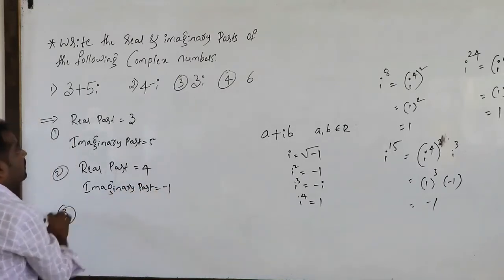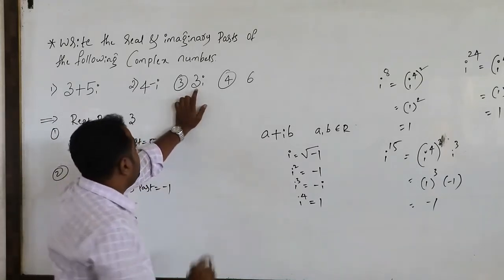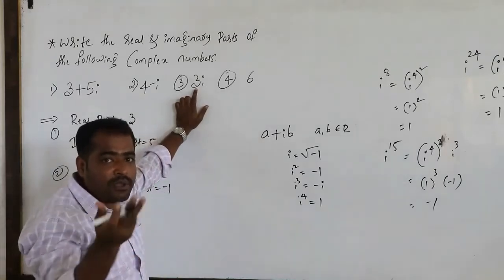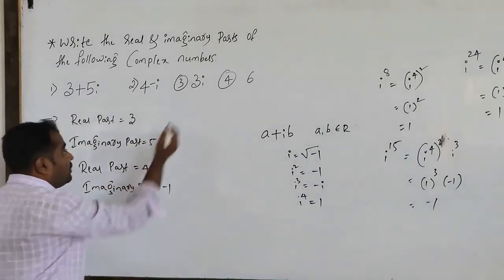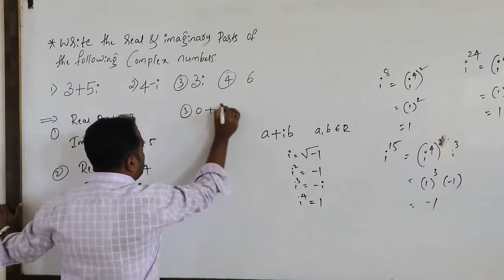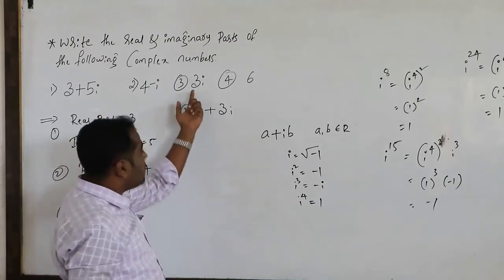Third one: here only 3 times i is given, in the form of a plus ib. a is not given, and not given means that value is 0. Again we can write the third one as 0 plus 3 into i, 0 plus 3i, which is nothing but 3i.